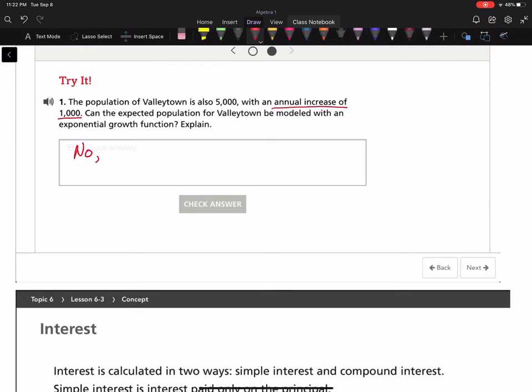So answer would be no, this is a linear model. And again, it's just a linear model because it's growing the same amount each year. It's growing up by 1,000 each year. Okay? It increases by a constant value, not by a constant rate.